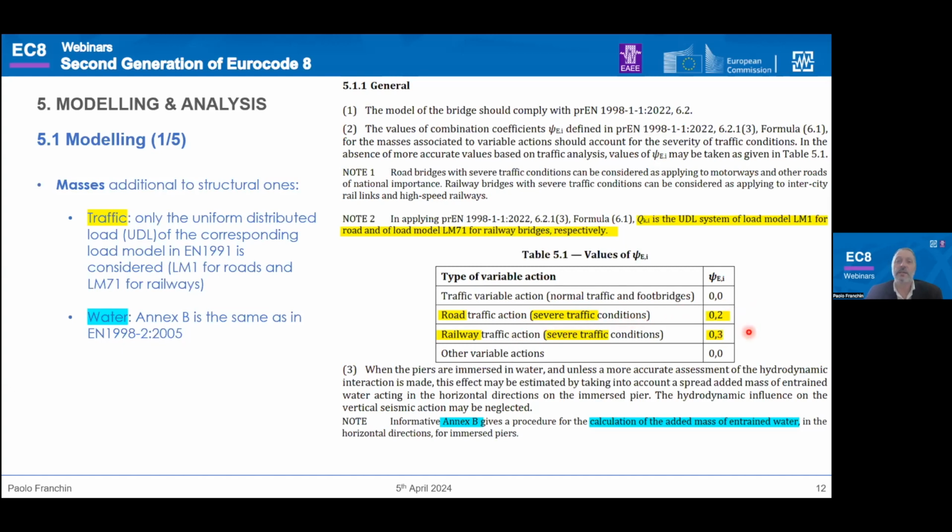And these are the psi coefficients to account for these additional masses. Note that the load models for traffic are different, and it is specified which load models should be used, and in particular, only the uniform distributed portion of these load models should be considered for the evaluation of extra masses.